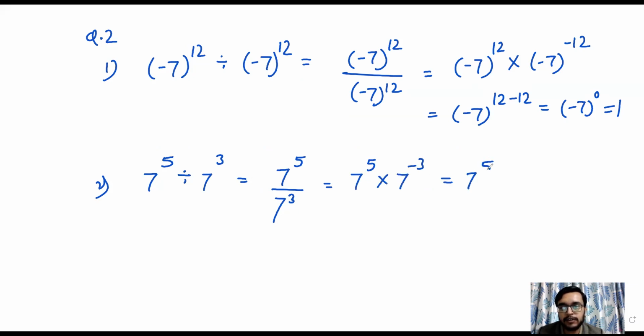That is 7 raised to power 5 minus 3. It will be 7 raised to power 2, and that is 7 square, which is 49. 7 into 7 is 49.